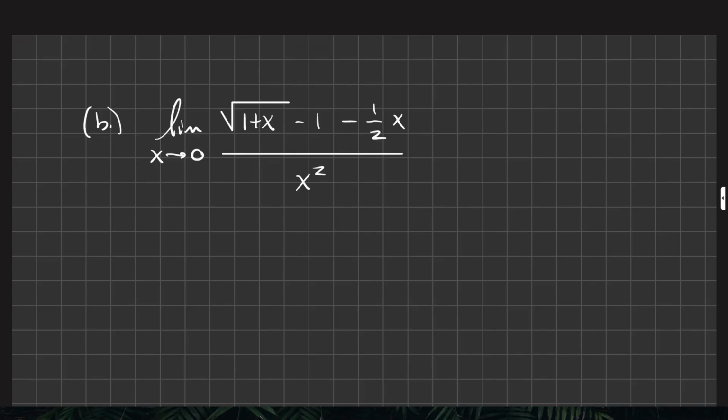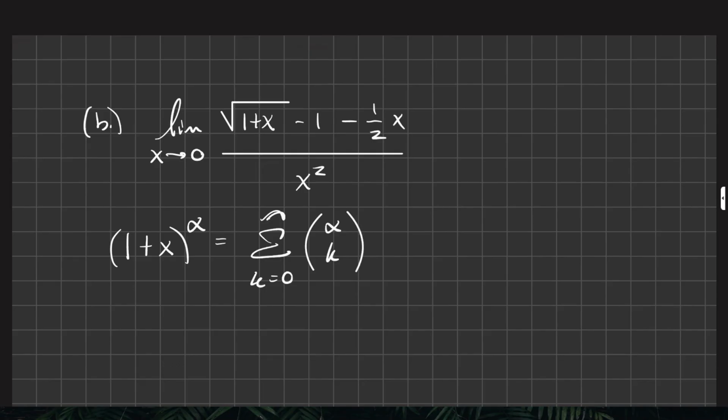So the binomial expansion for the function 1 plus x to the alpha is given by the power series, k equals 0 to infinity, of what's called a combination, this notation. This is not a vector or something. This is saying alpha choose k times x to the k.